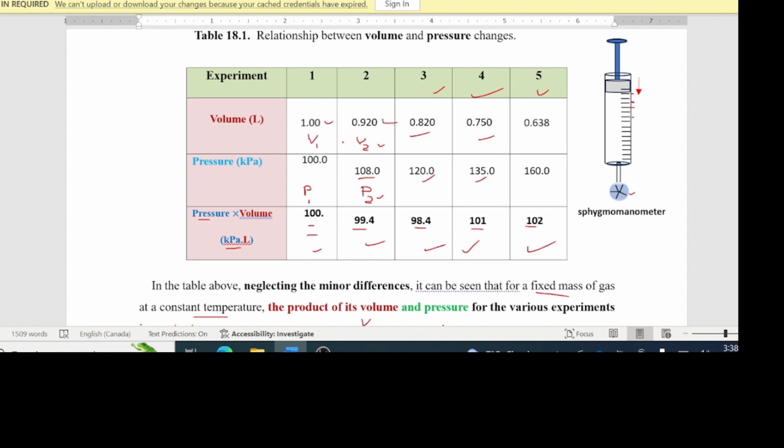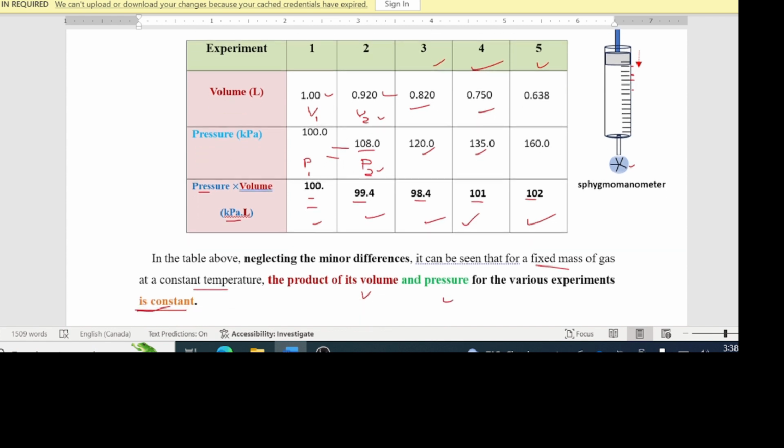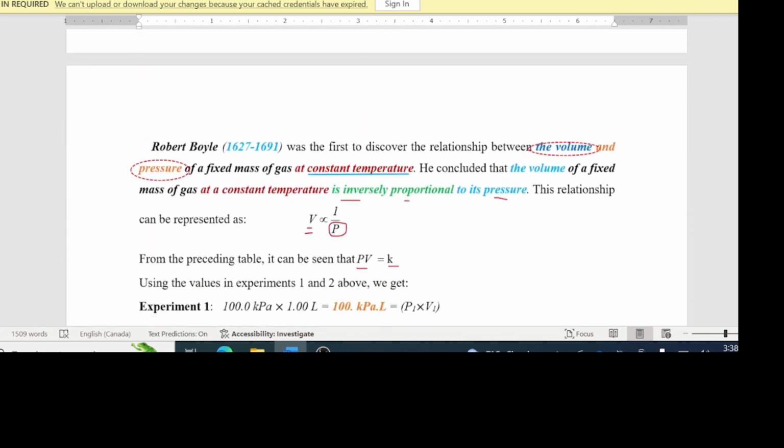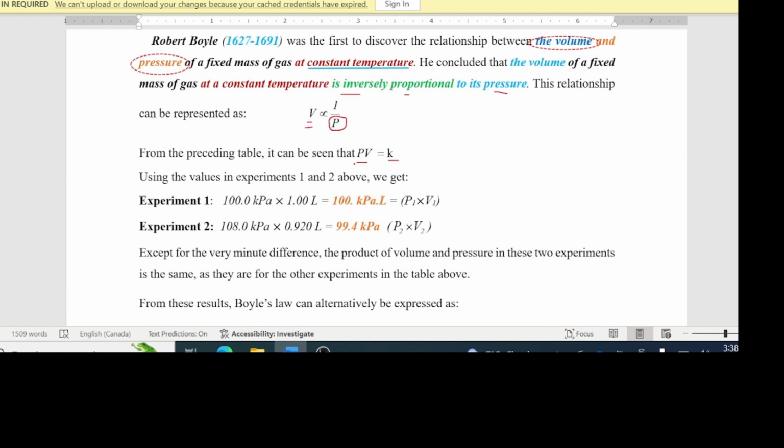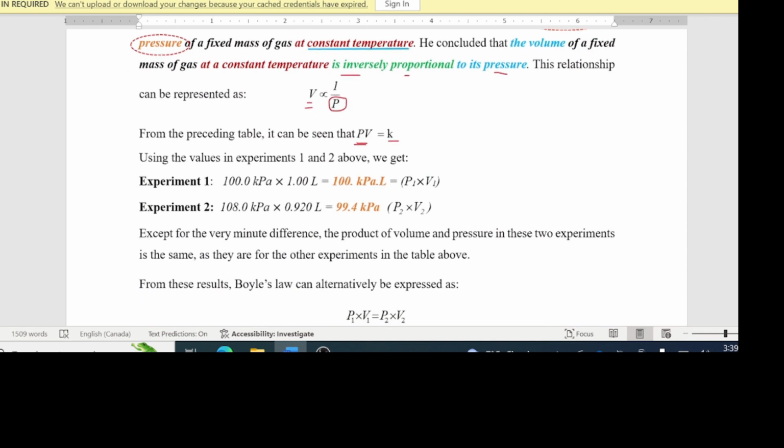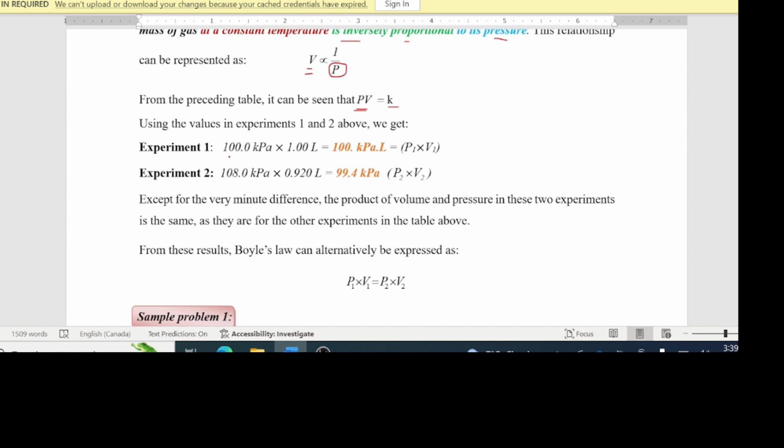So if you look at it generally speaking now, we can say that P1 times V1 is equal to P2 times V2. So that's another way of expressing Boyle's law, because this is a constant, right? So if you took the results from experiment 1, where you're having its pressure and volume getting multiplied, you find that you get this value here.